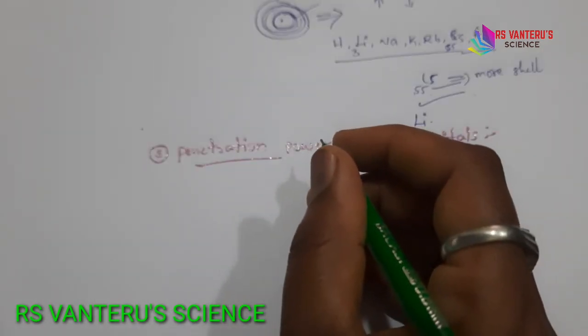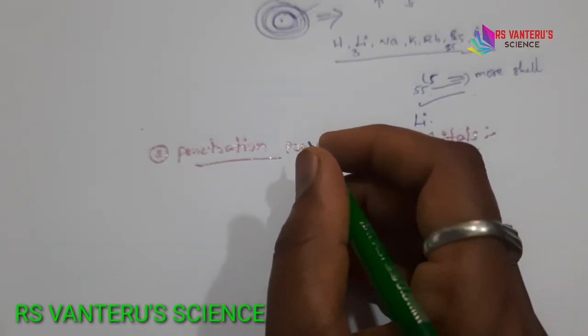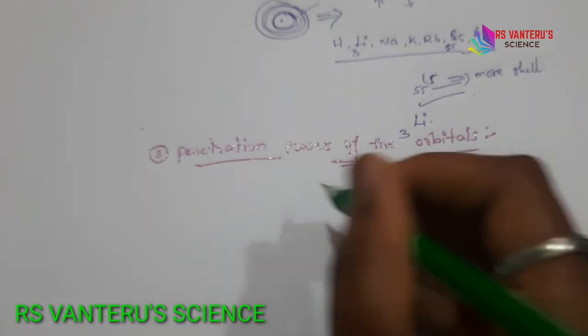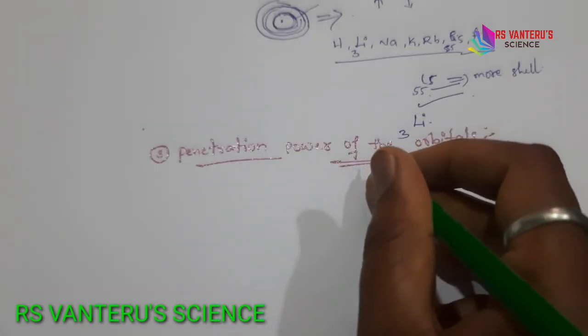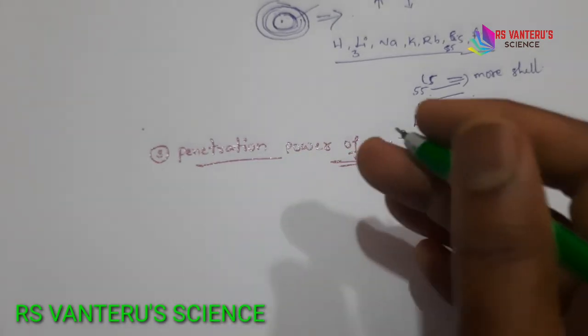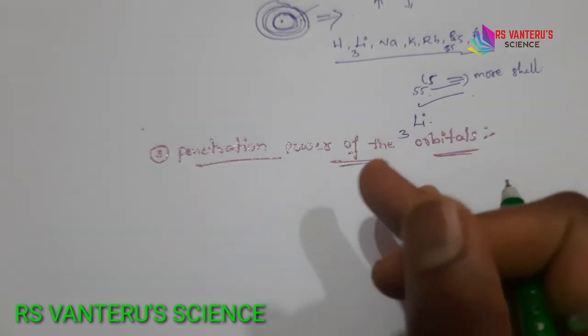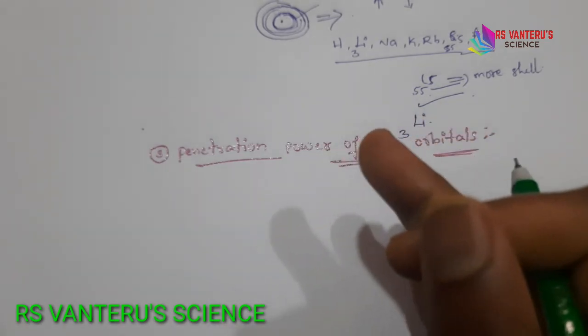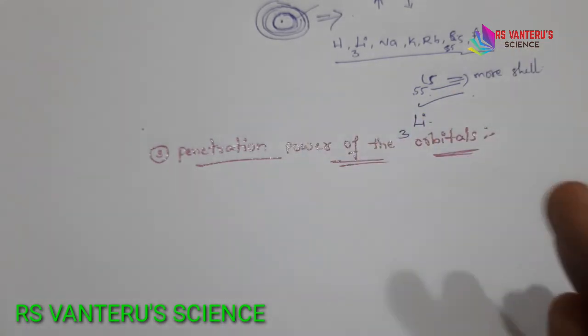And the third one, penetration power of the orbitals. Orbitals belonging to the same shell have different penetrating power towards the nucleus.